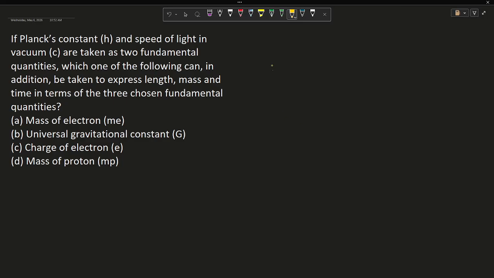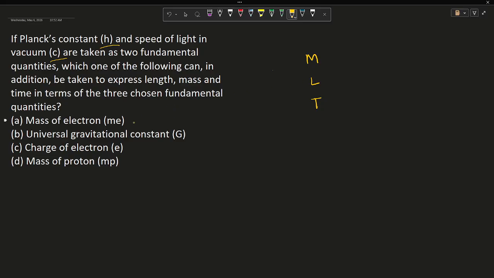Next question: if Planck constant and speed of light in vacuum are taken as two fundamental quantities, which of the following can in addition be taken to express length, mass, time in terms of the three chosen fundamental quantities? Here H and C are given as fundamental quantities, and you have to add another one among these options so that we can derive M, L and T as derived quantities.